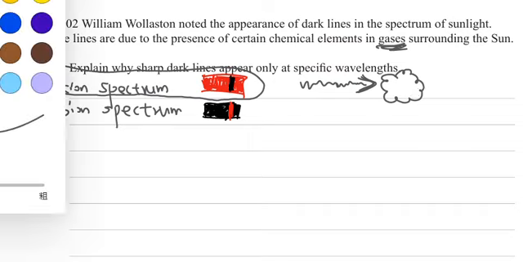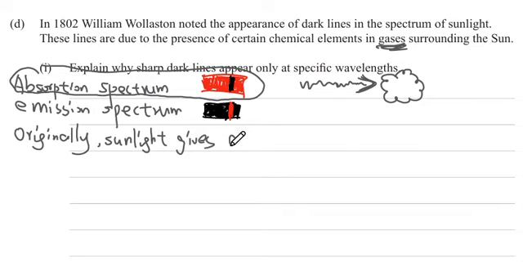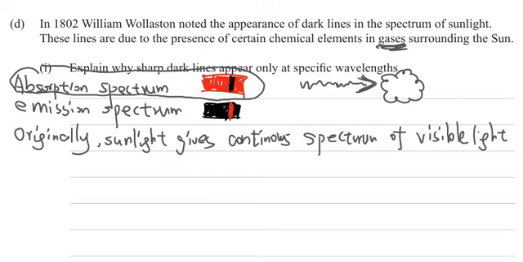Then we can say something like this. We can say originally sunlight gives continuous spectrum of visible light. You can say from red to violet.